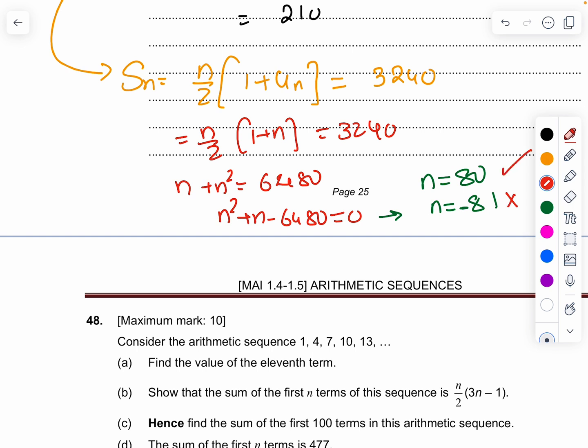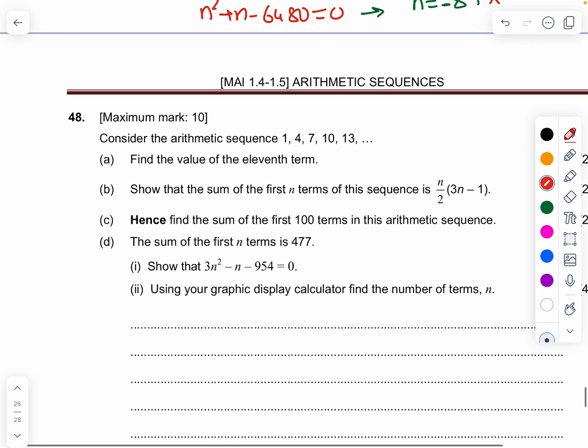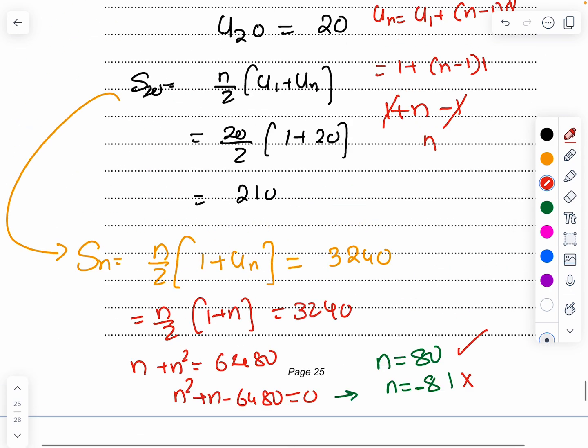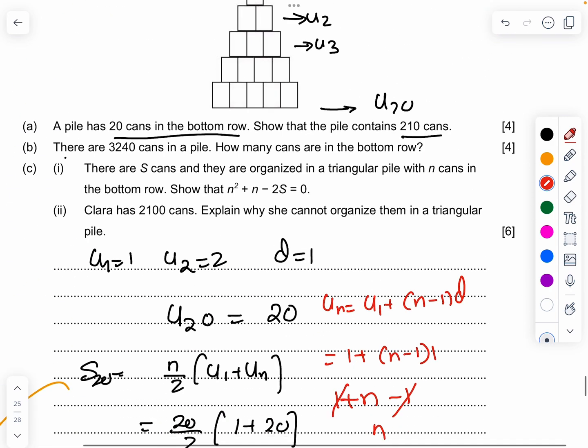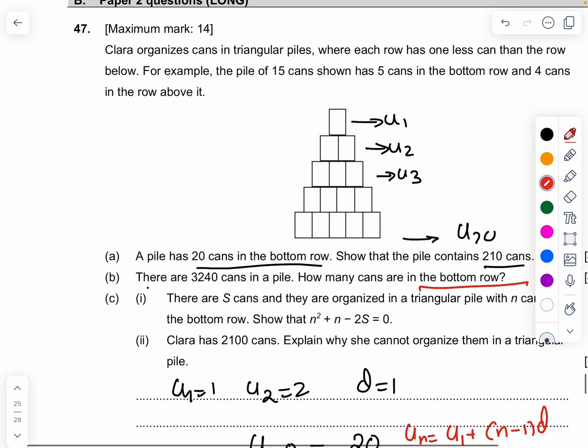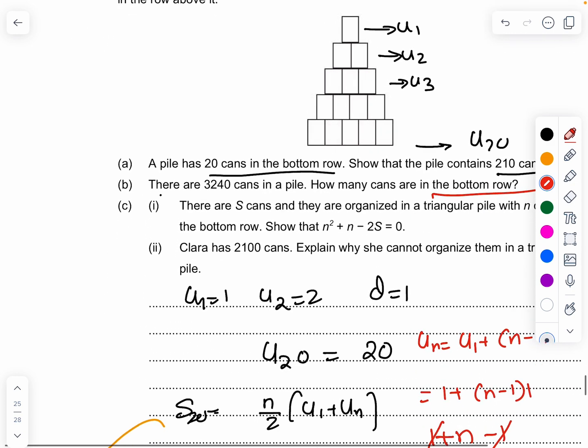So therefore the answer is 80. Okay, that's part B. So how many columns are there in the bottom row? We can say that there are 80 in the bottom row.